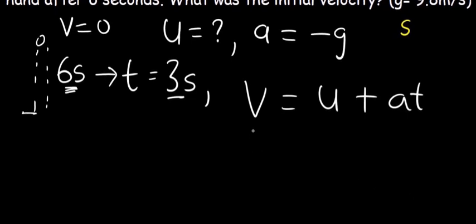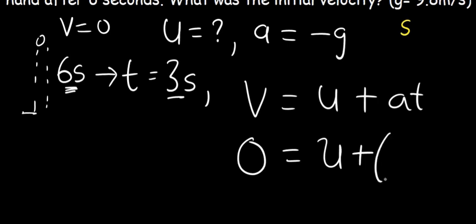So it's going to be that V is 0, is equal to U that we're looking for, plus acceleration, which is minus 9.8, times 3.